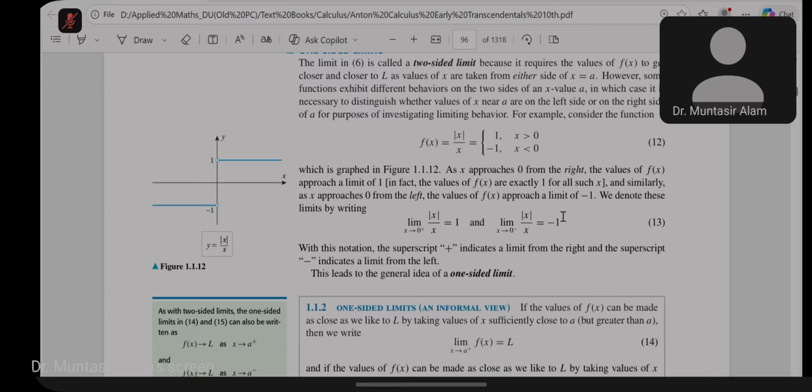That means if we take the limiting value from the left-hand side of 0, what should be the limiting value?